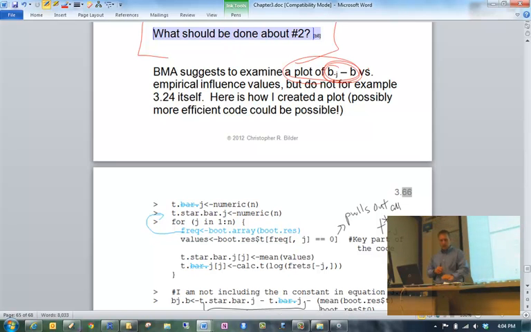Okay. So, just to remind you what B negative J minus B is, let me actually write it out.